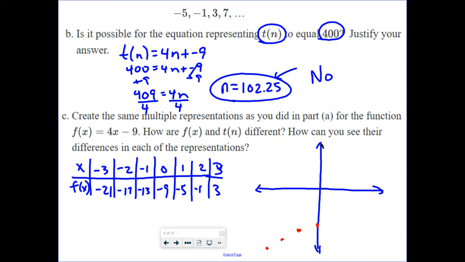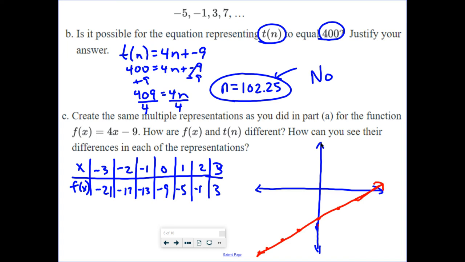Okay, 9 maybe being here, then 5, then 1, then 3. So my graph would look something like that, except I'm not done. Should this be continuous or discrete? In this case, it should be continuous because I can find all the values in between.